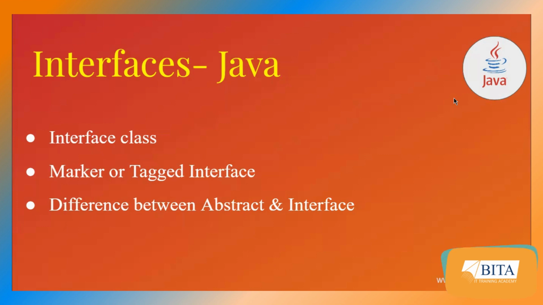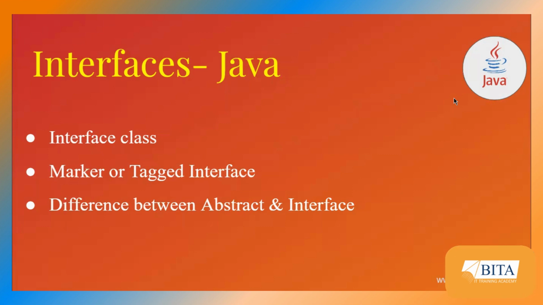And now we will see what is the difference between abstract and interface. Abstract has abstract methods and non-abstract methods also, whereas in interface, we will be having only the abstract methods. Abstract doesn't support multiple inheritance, so that is the reason we are using interfaces, which support multiple inheritance.